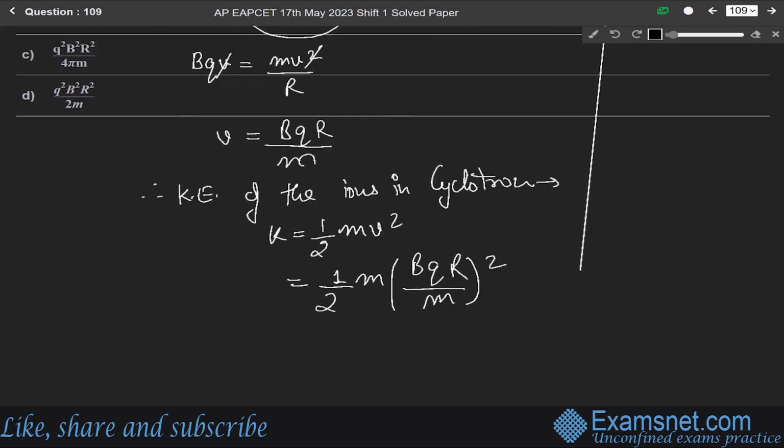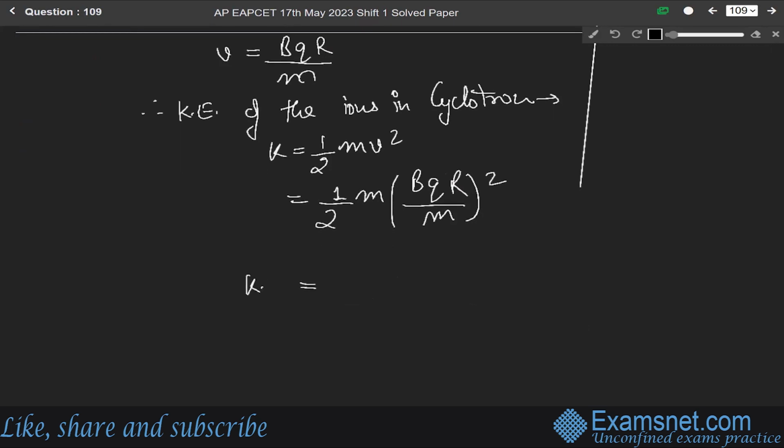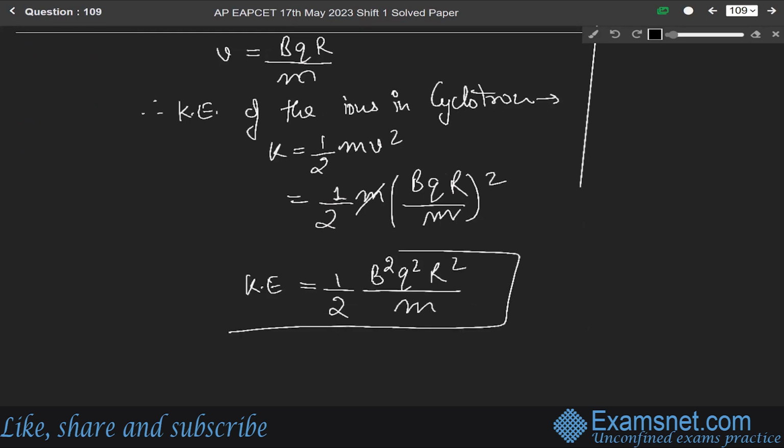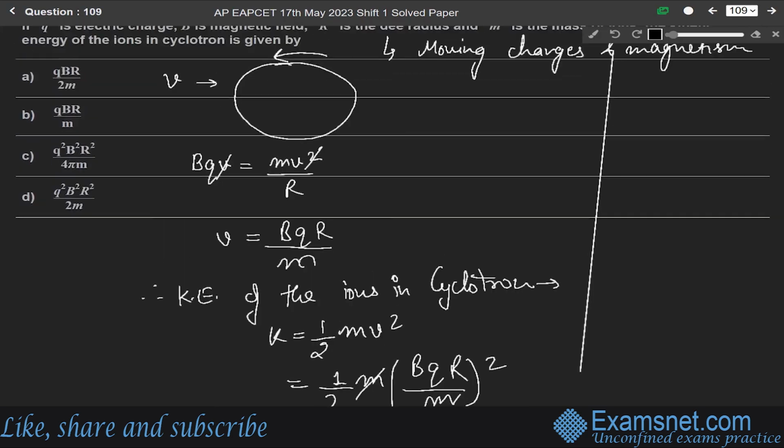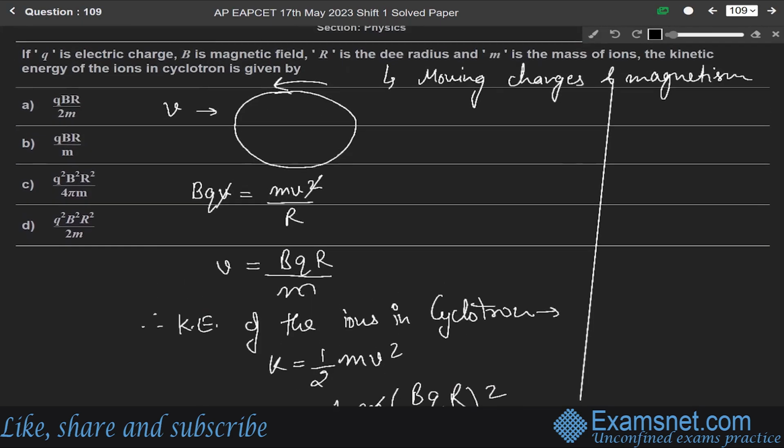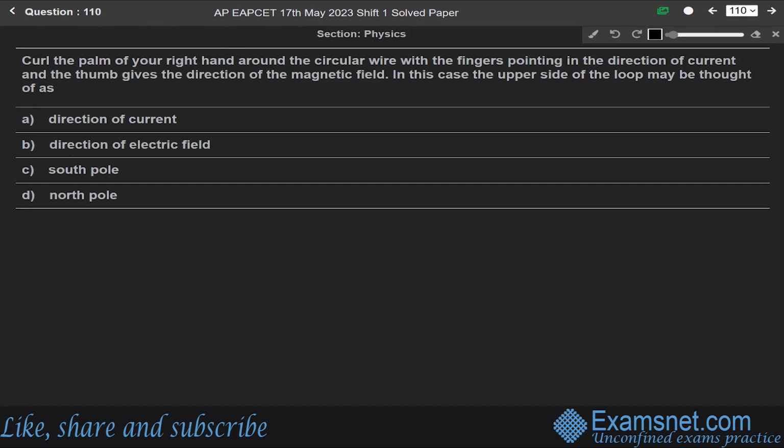The m cancels, so it will become 1 by 2 B square Q square R square over m. Okay, so from this the correct option is D, Q square B square R square over 2m.